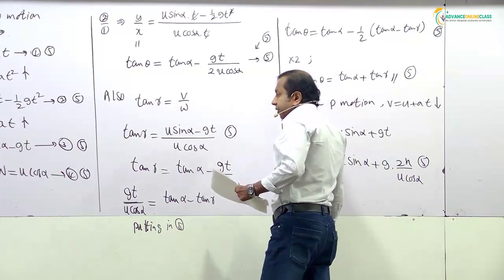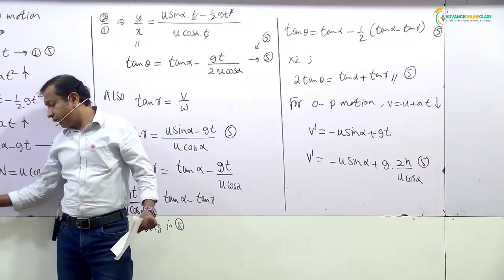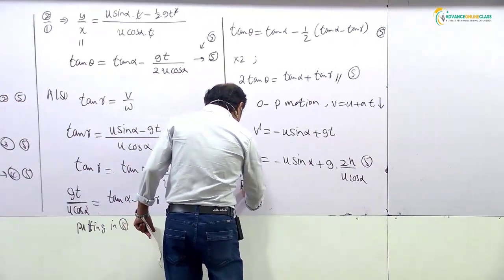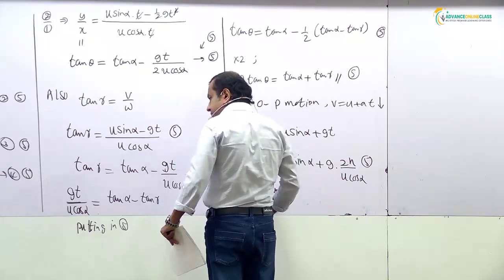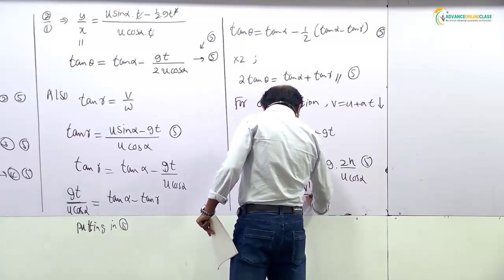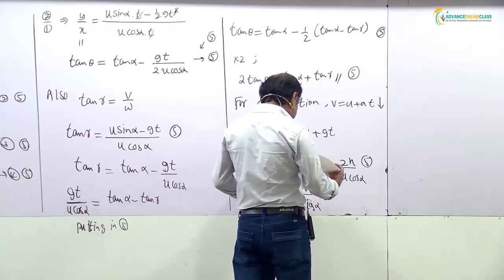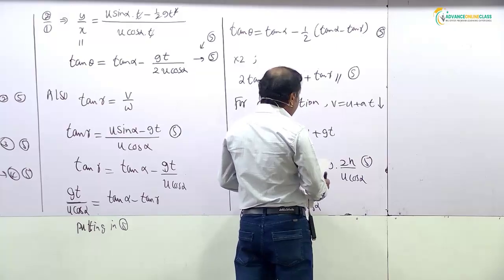Right. But here tan beta is what? V dash over U cos alpha, no? Tan beta is V dash over U cos alpha. Yes. Now put that there.